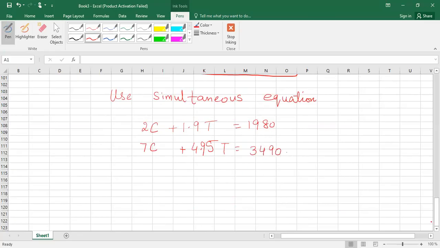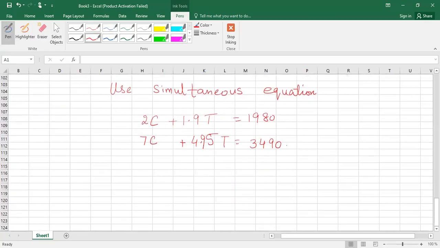Now we will use simultaneous equations. The objective of the simultaneous equations is to equate either the value of c with each other or the value of t with each other. So what do we need to do? We need a digit which will multiply with both the equations so that either the values of c or the values of t will be equal to each other.